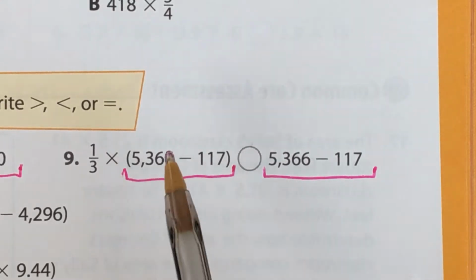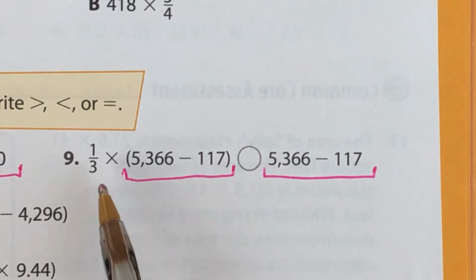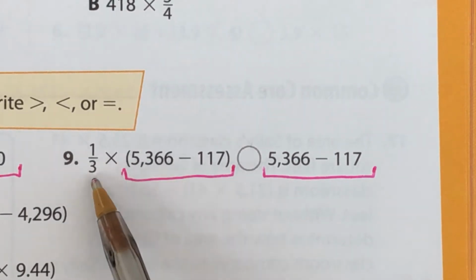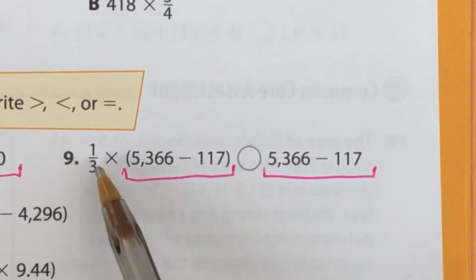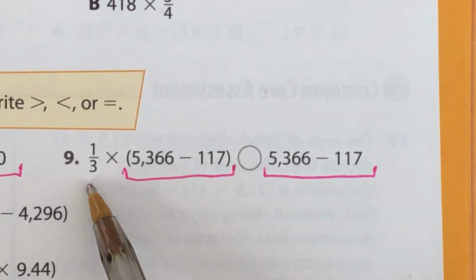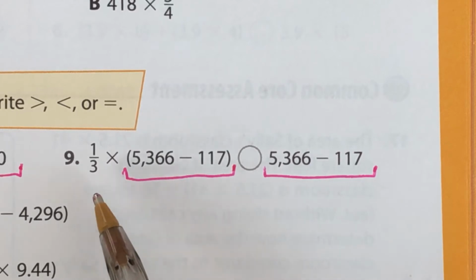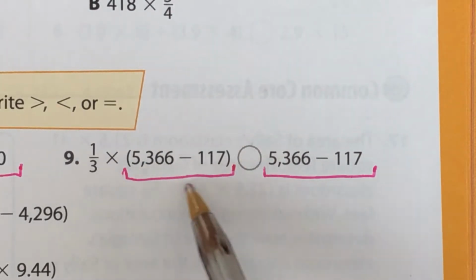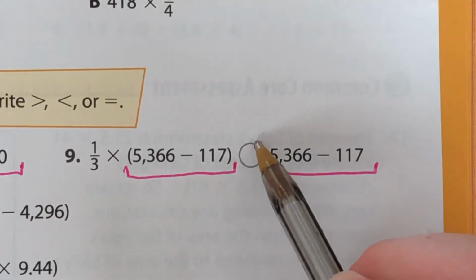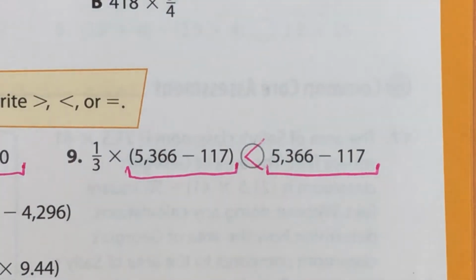Do you think it's going to be this number multiplied by 1/3 or just the original number? Well, if you remember, anytime we multiply by a unit fraction, it's the same thing as dividing by its denominator, which is 3. So multiplying by 1/3 is the same thing as dividing by 3. So this is really saying that you're taking this and dividing it by 3. That means that this is going to be the greater number.